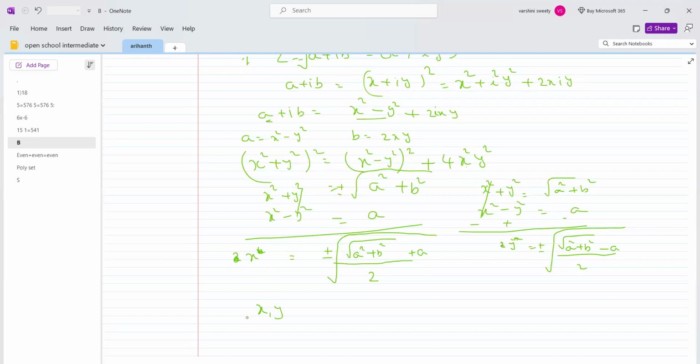So y equals plus or minus square root of root of a square plus b square minus a by 2. So to find x, x equals square root of root of a square plus b square plus a by 2, and y equals square root of root of a square plus b square minus a by 2.